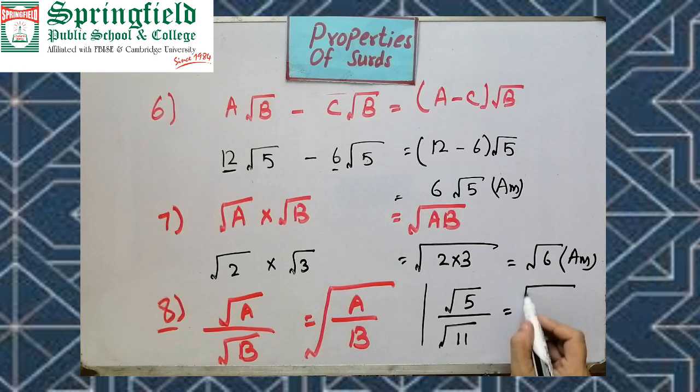So how can we write? We can write in 1 under root. So this is your final answer, if it cannot be simplified. Understood, beta? Okay. Now after the properties of the third, come to the examples.